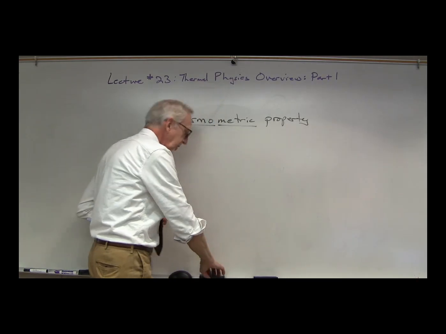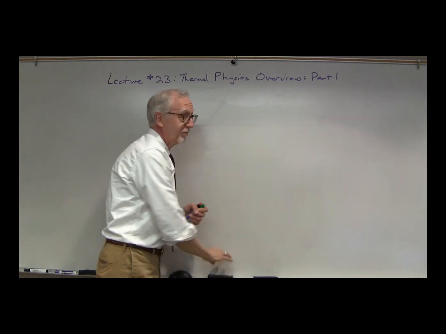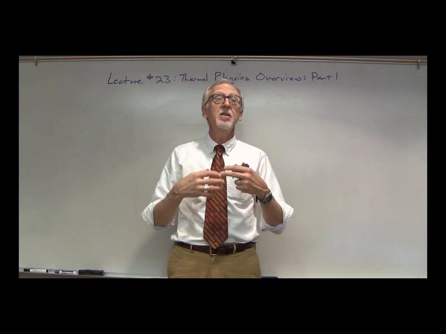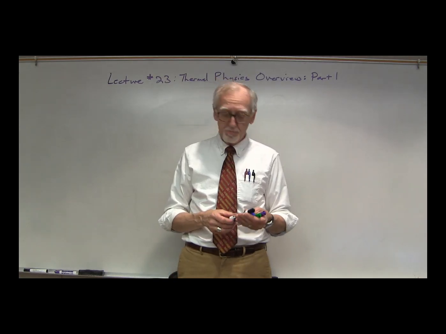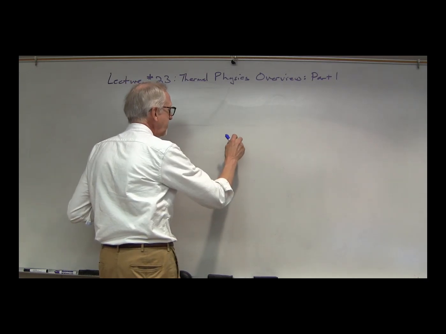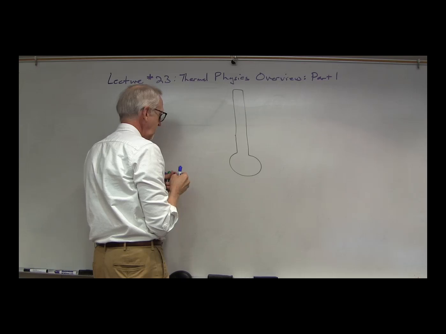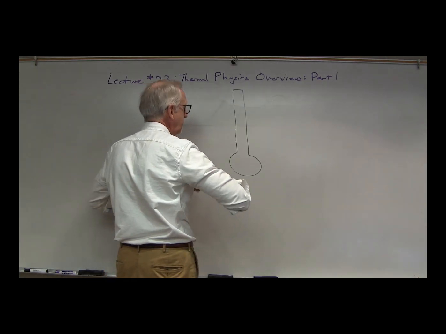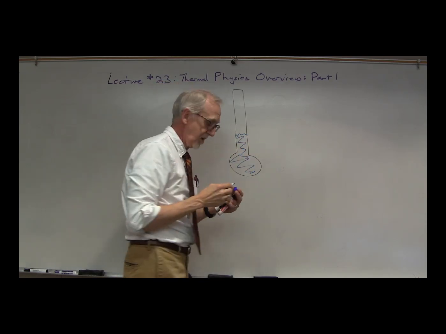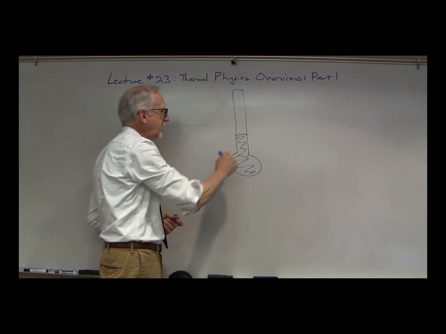One very simple quantity that changes with temperature, well, it's not always very simple, but it is simple for some materials, is the volume of that material. So, for example, if we take a reservoir of some liquid, so here's some liquid in here, up to some point in the tube. So there's a liquid here, reservoir, and there's a tube here.